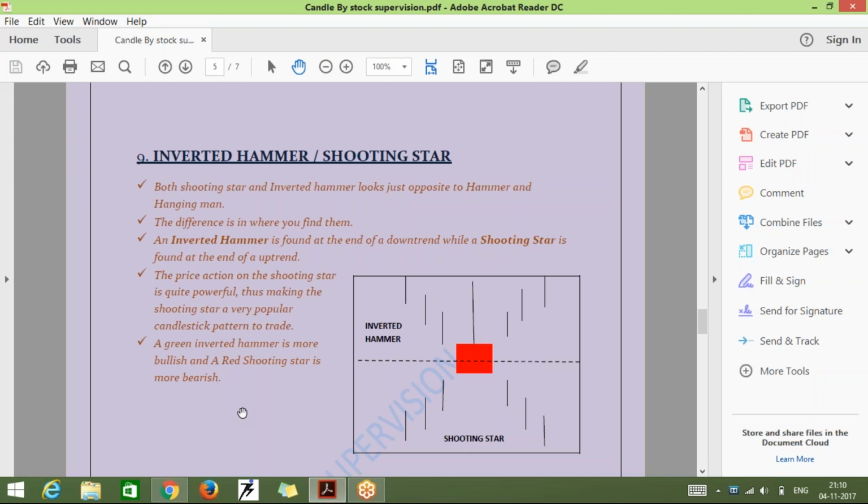Please note this one down. I haven't drawn both pictures, but considering a green inverted hammer, this one is for bullish reversal. So if this candle is a green inverted hammer, then it is considered more bullish. And in the case of a shooting star, a red shooting star is considered more bearish.